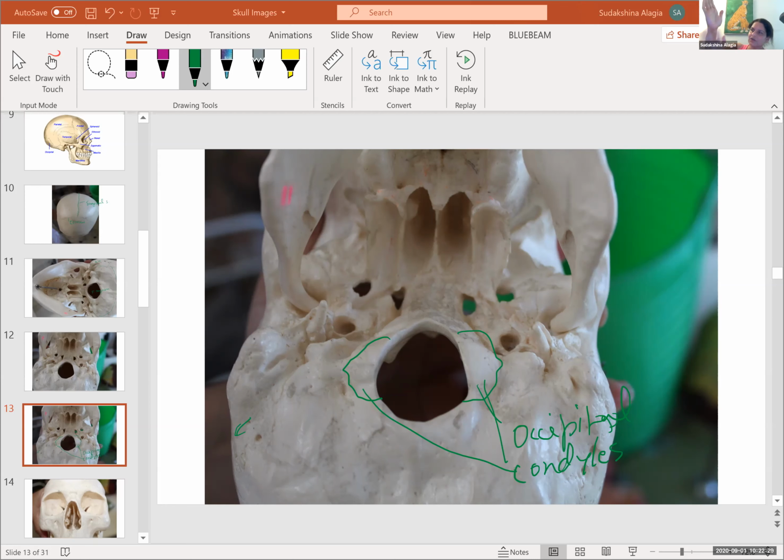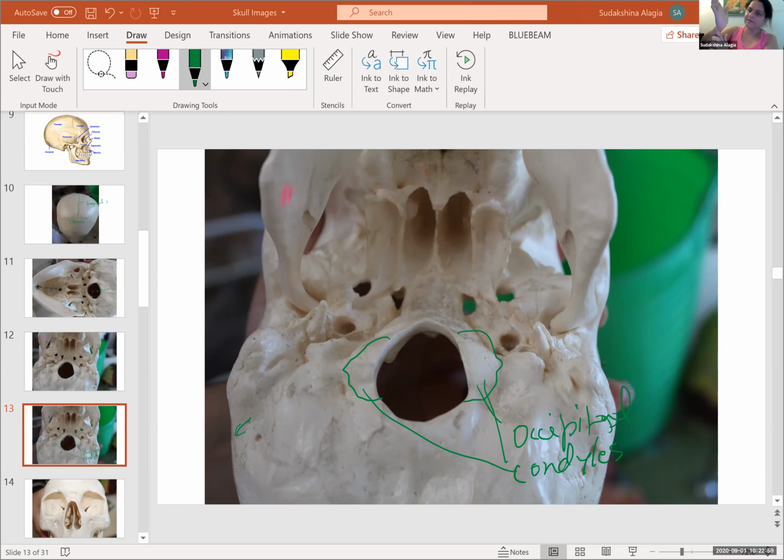What this condyle sits on is like the middle of the palm of my other hand. So whichever bone receives the condyle, that's where you will find the depression.